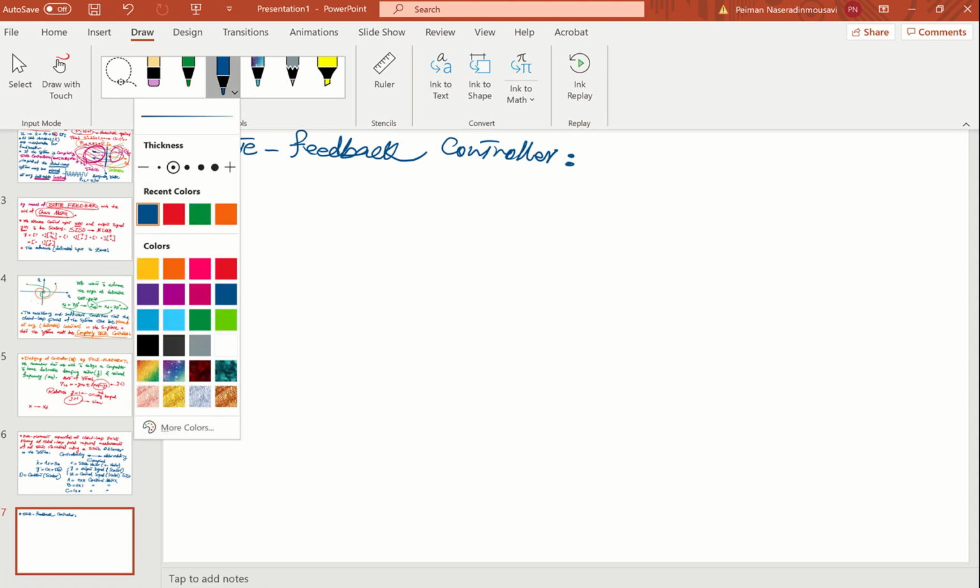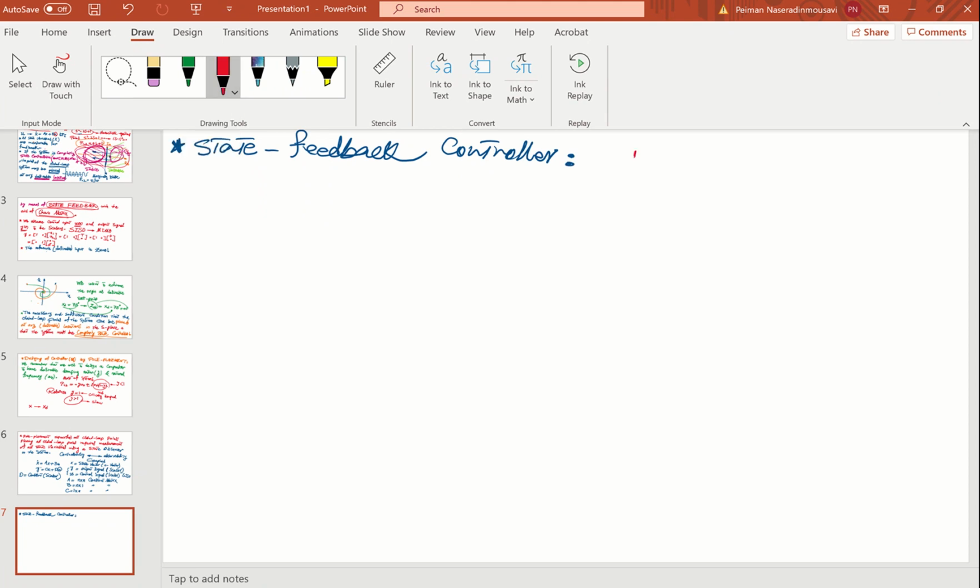So state feedback is this: U is minus K X, where K is the gain matrix I was talking about and X is the state variables. This is the state feedback controller. We just designed the controller.